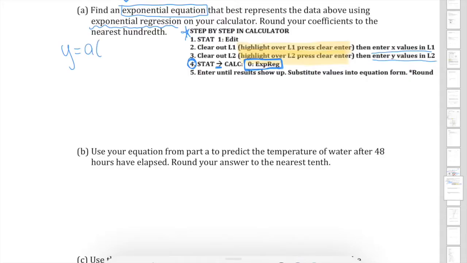And I'm going to write down what you are seeing at this point, or what you should be seeing at this point, I should say.